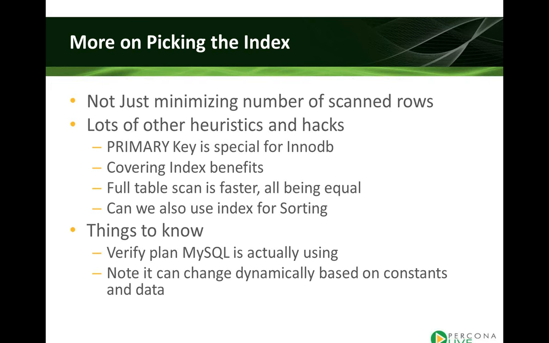It has to consider the benefits of using a covering index. It has to consider that a full table scan actually can be faster in some cases, such as large range scans, right? It also will consider whether you can get a benefit from the same index for sorting, or something else.